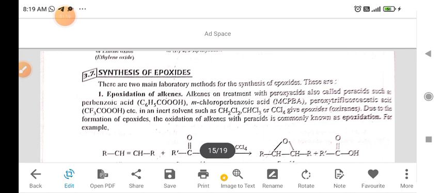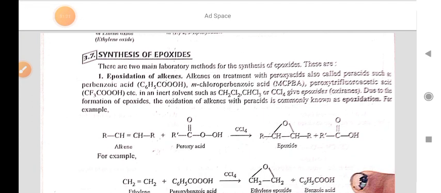Synthesis of epoxides. There are two main laboratory methods for the synthesis of epoxides. Peroxy acids such as perbenzoic acid, metachloroperbenzoic acid, or peroxytrifluoroacetic acid in inert solvents such as CH2Cl2, CHCl3 or CCl4 give epoxides. Due to the formation of epoxides, the oxidation of alkenes with peracids is commonly known as epoxidation.